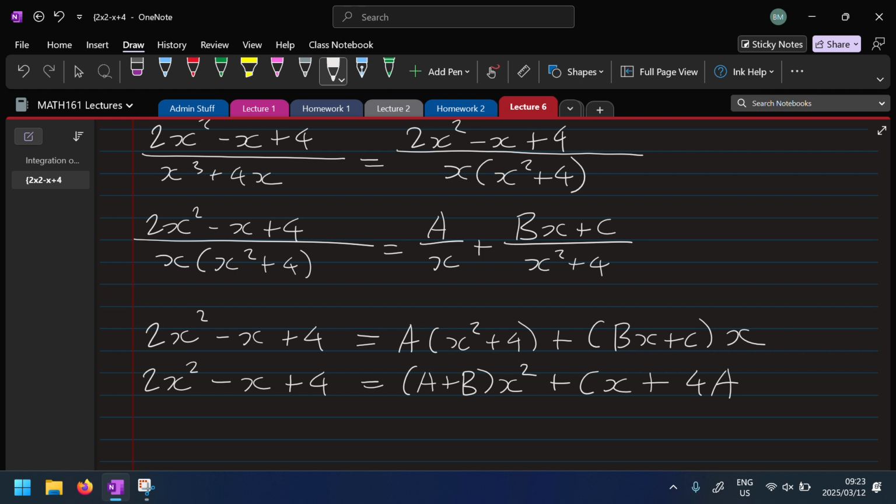So this is just to make the two sides look more equal. So here we've got the quadratic term with 2. Here we have the quadratic with a plus b. Here we have the linear term with minus 1. Here we have the linear term with c. Here we have the constant 4. Here we have the constant 4a.